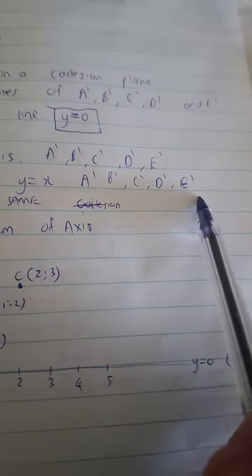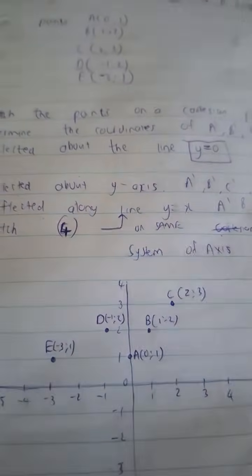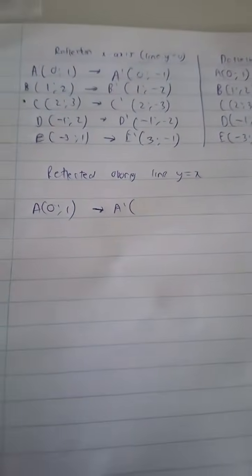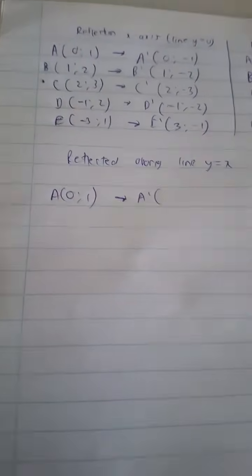Reflected along the line y is equal to x. We want the image of A, B, C, D, and E when reflected along the line y is equal to x. I have A, 0 and 1. The image of A, if it's reflected along the line y is equal to x, what do we have there?